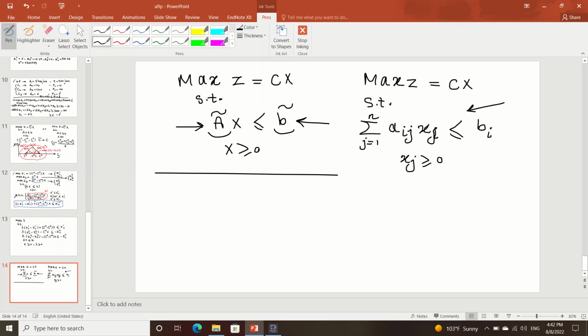And in this situation, we are going to assume that there are fuzzy numbers for the coefficients and right hand side numbers.